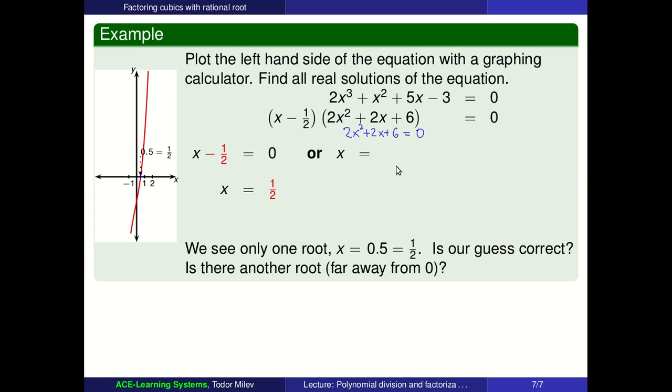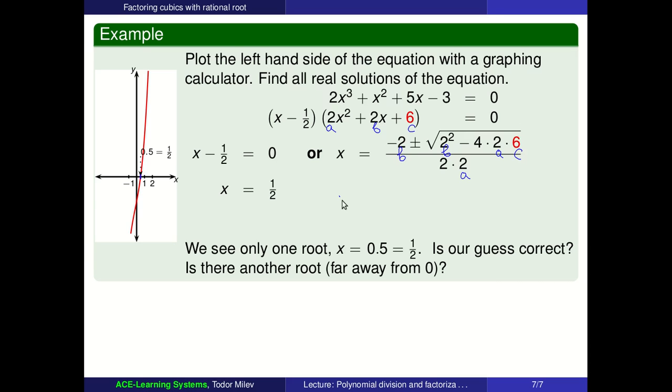We can simply use the quadratic formula. This is A, this is B, and this is C.